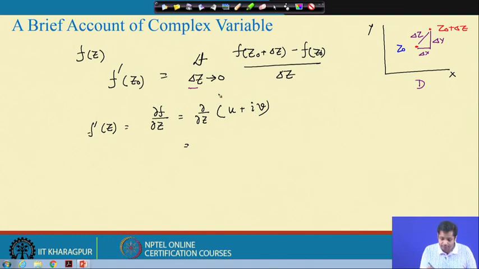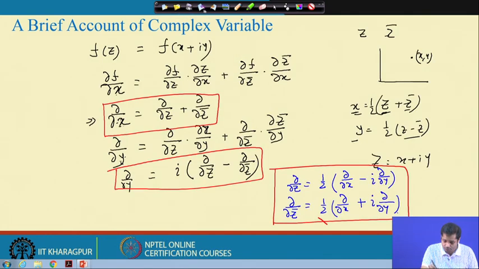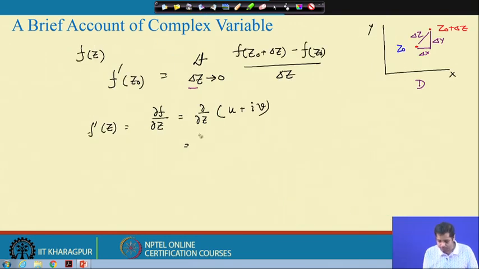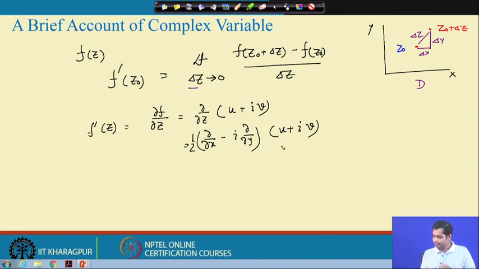The expression for del by del z was half of del by del x minus i into del by del y. If we substitute that, we have u plus iv.